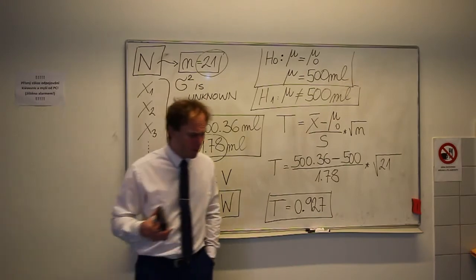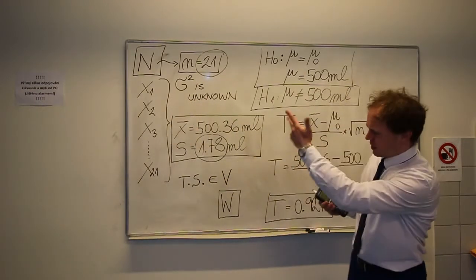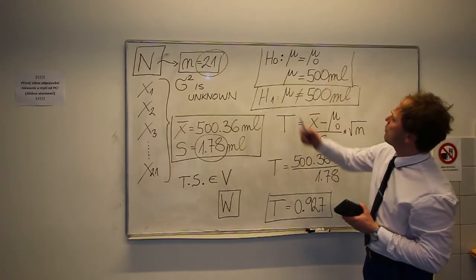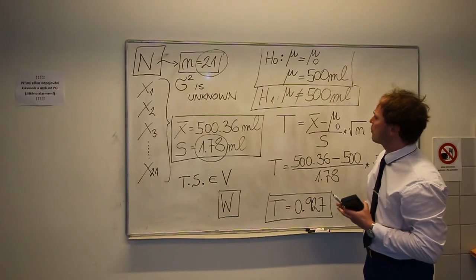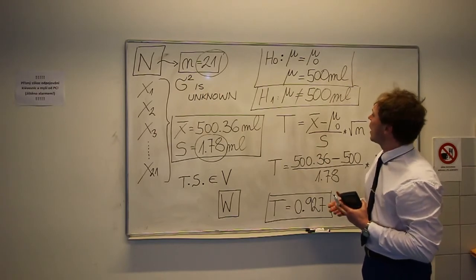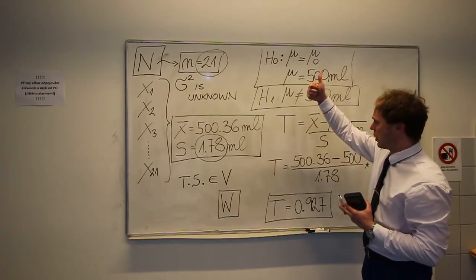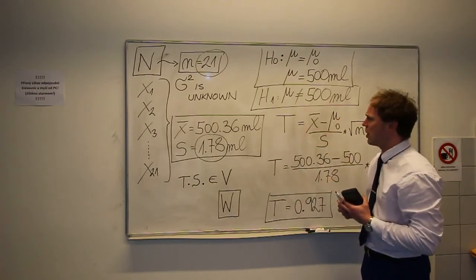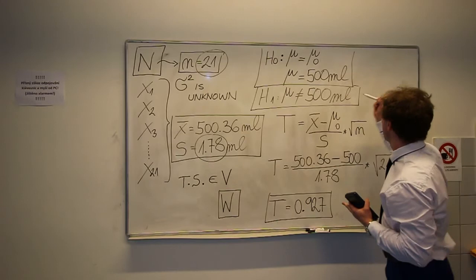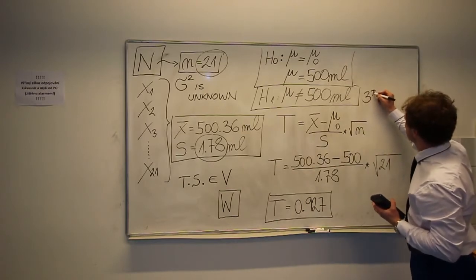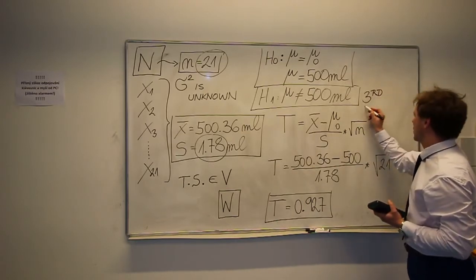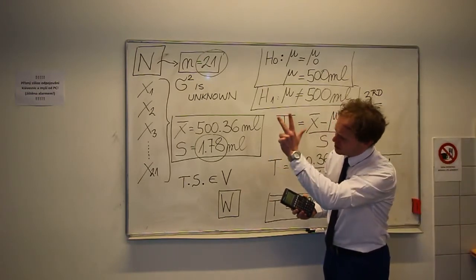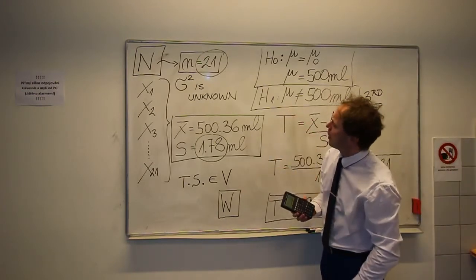So you have here 3 rejection regions because we have 3 alternative hypotheses. First rejection region for the first alternative, second rejection region for the second alternative, and because this is the third alternative hypothesis, we will select the third rejection region.